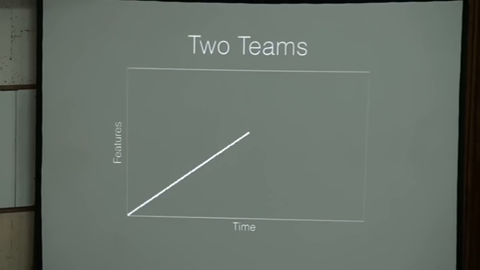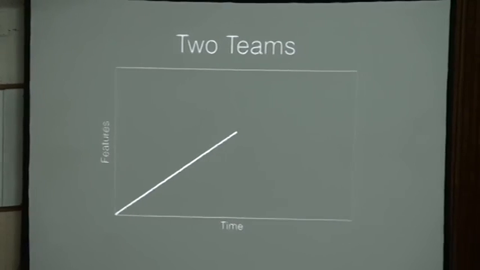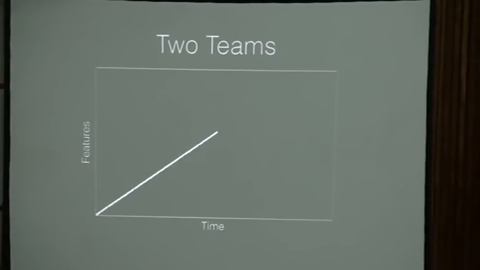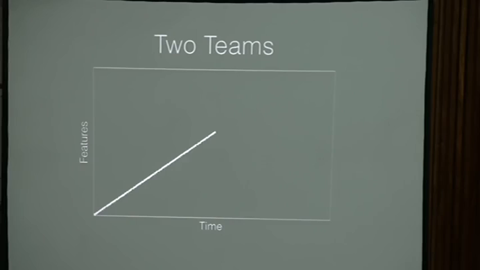Another approach is to split the team into 2. So you might take your smartest people and move them off to a team which is going to develop the new thing, and use your junior developers to continue on adding a few new features. With that approach, your junior developers are not going to develop quite as many features as the whole team before.